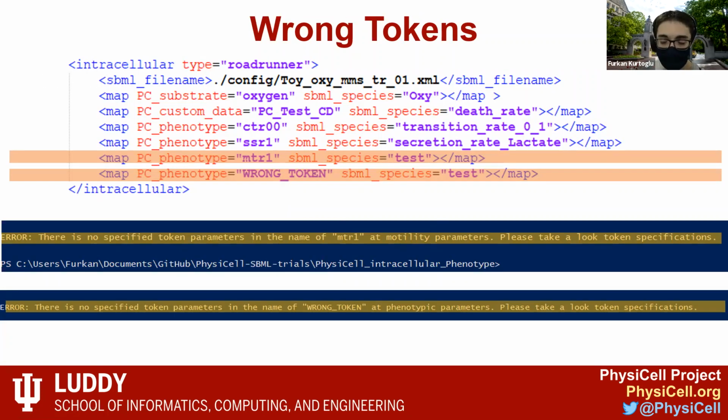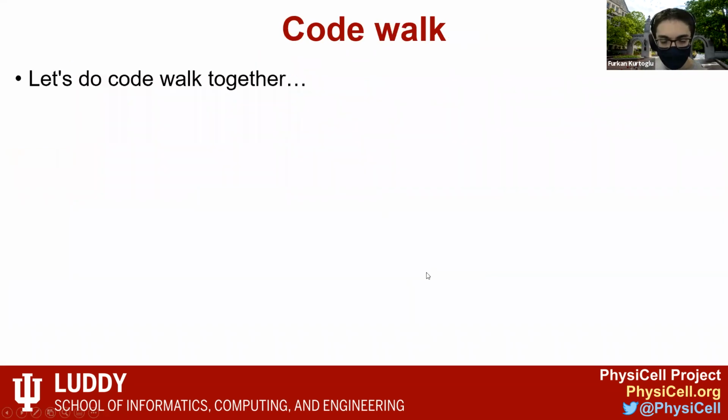And this is true for the SBML species too. If there is no such SBML species in the name of the test, it will not be parsed, because this one is looked at first. So if there is no death rate species in the SBML, then it will just stop.